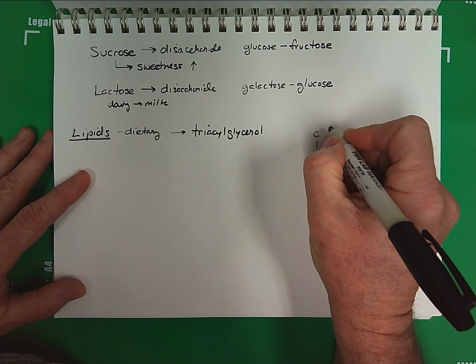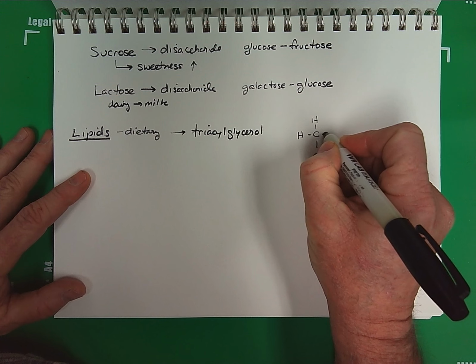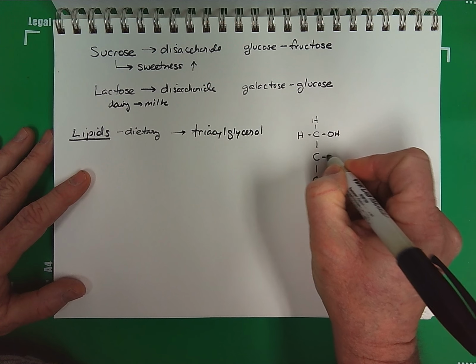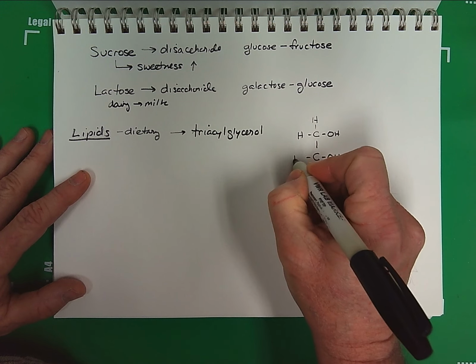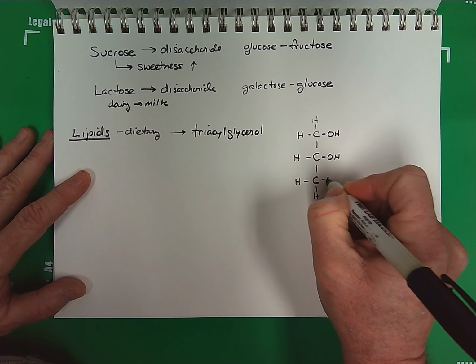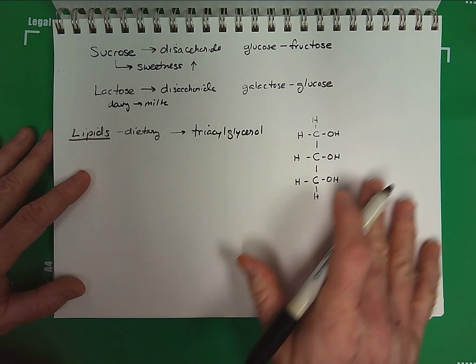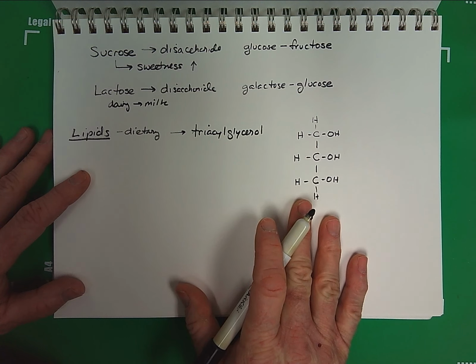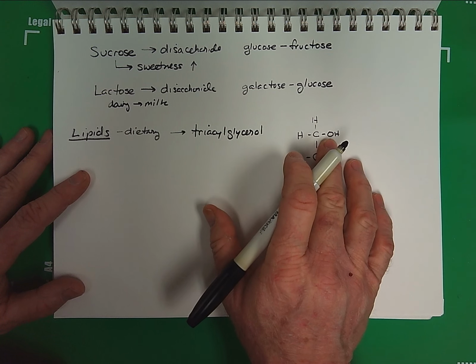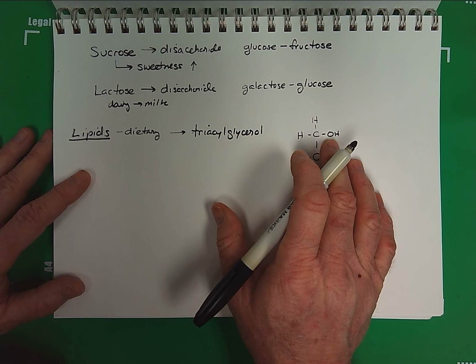Now, in this glycerol, we are going to have hydroxyl groups on the number 1, number 2, and number 3 carbons, 3 carbons. But in order to form the dietary lipid, we are going to be substituting onto these alcohol groups with fatty acid moieties.